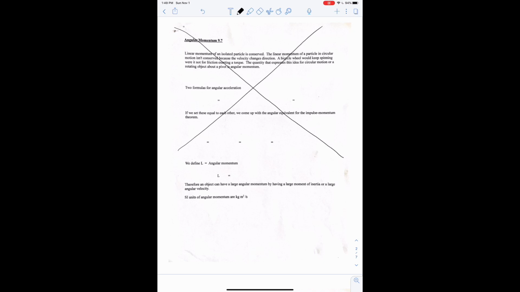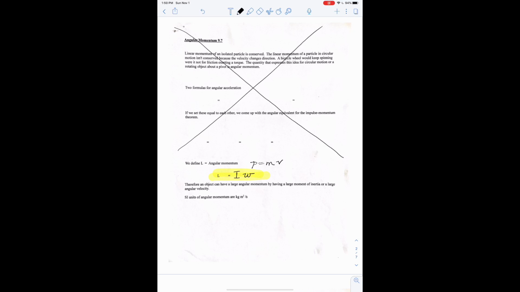And down here, we actually have angular momentum equal to, just like we had linear momentum, P equals mv. We now know angular momentum is I times omega. And the reason I'm bringing this up right now is because I want to talk about the units on this, right?